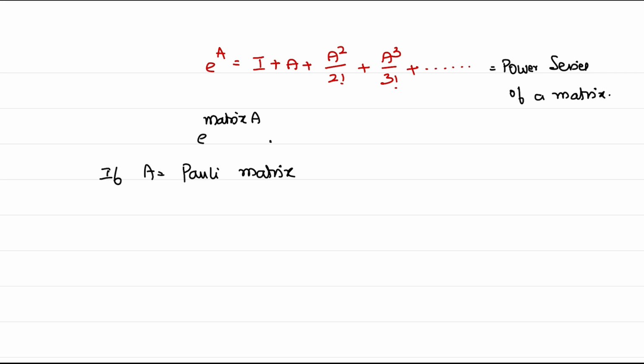If A is a Pauli matrix, then what will be e to the power of A? It is a homework for you, please do it on your own.